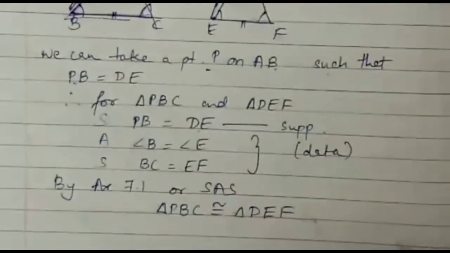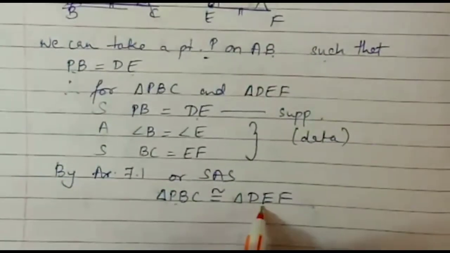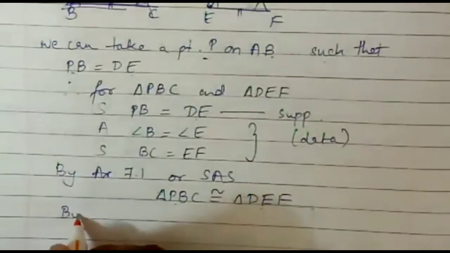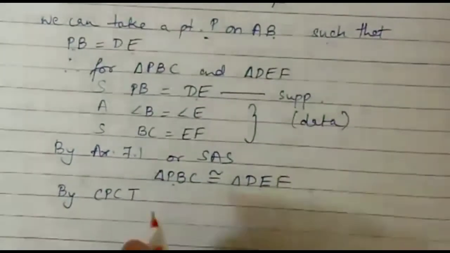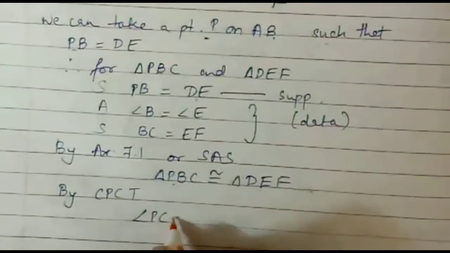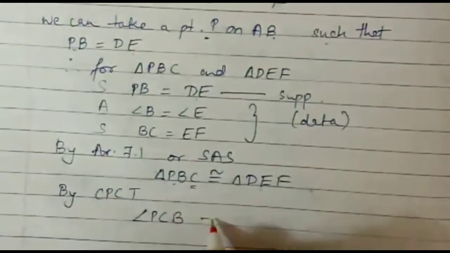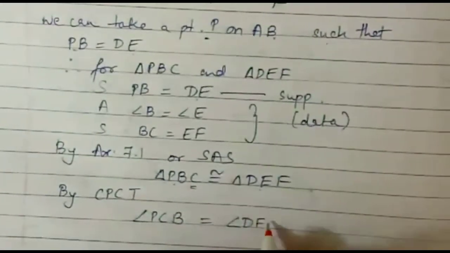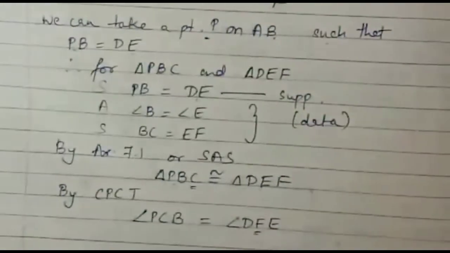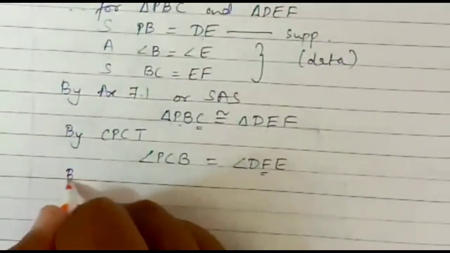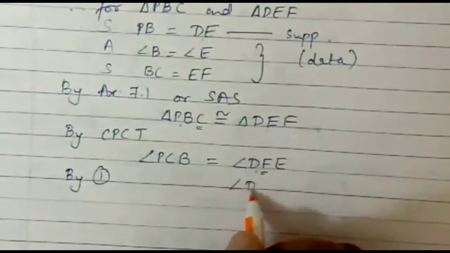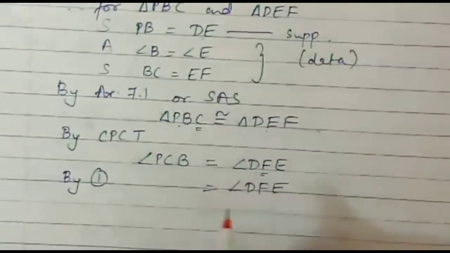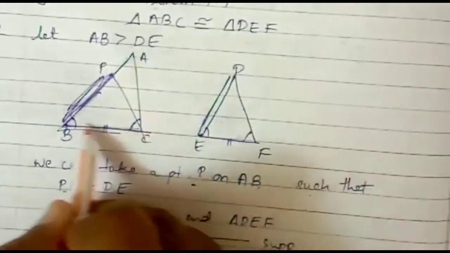right? Now if triangle PBC and triangle DEF are congruent, then by CPCT, corresponding parts of congruent triangles, angle PCB, meaning angle C, will be equal to angle DFE, that means angle F. But what was given in the data, by result number 1 I told you, angle DFE was actually equal to angle ACB.